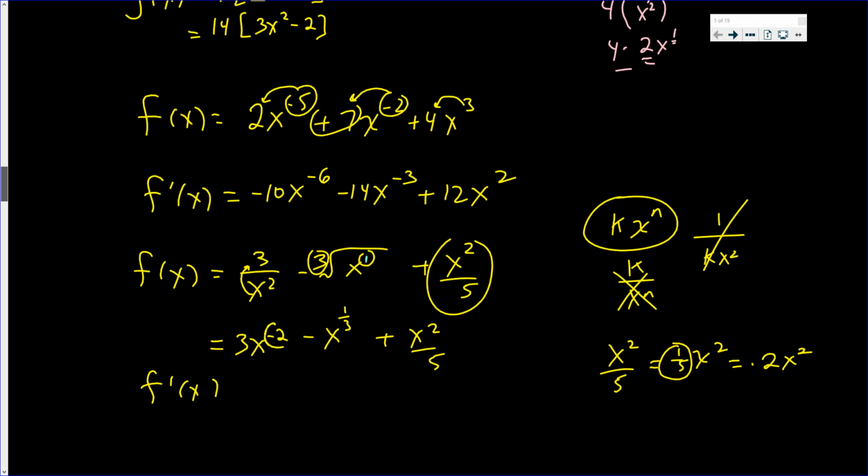You bring down the power, multiply it by the number in front, then make the power 1 less. You bring down the power. There's an understood 1 here. 1 times negative 1 third is negative a third x. Now, here's a nice rule. If you have a fraction and you want to take away 1, you're going to think of the 1 as b over b.